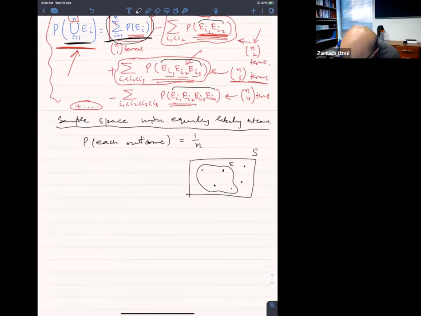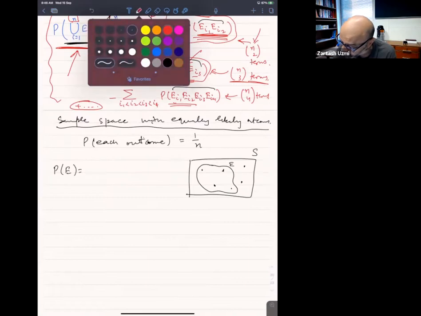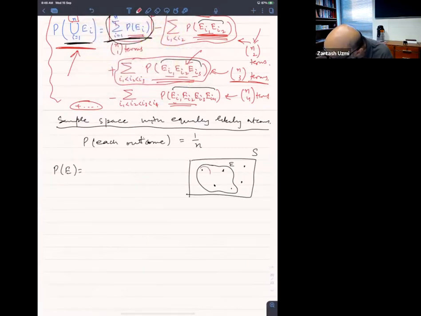Okay. So the probability of E in this case, according to our axiom, you can think of E as the union of this outcome and this outcome. These 4 outcomes, I make a separate small set for each, containing just one outcome, and apply the third axiom here. So the probability of the union of these 4, which is event E, is the sum of the probabilities of outcomes 1, 2, 3, 4.